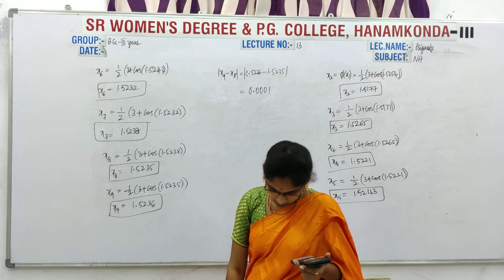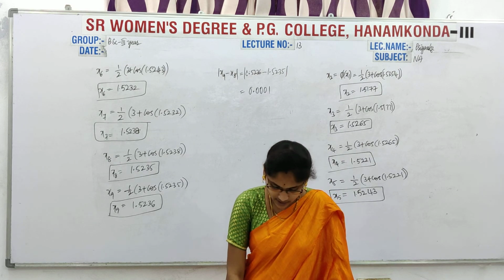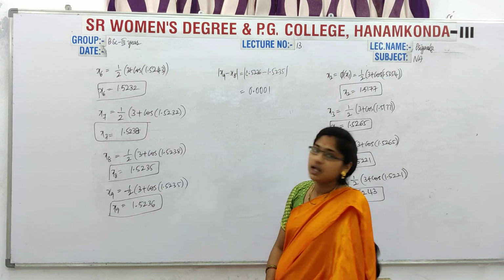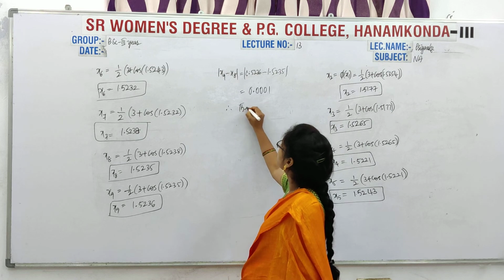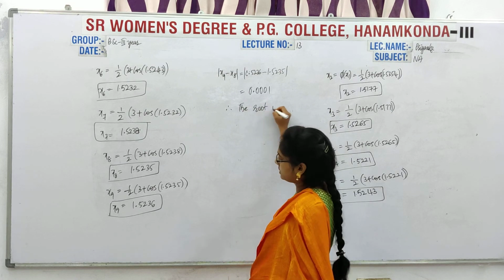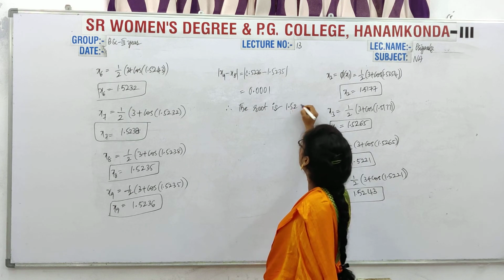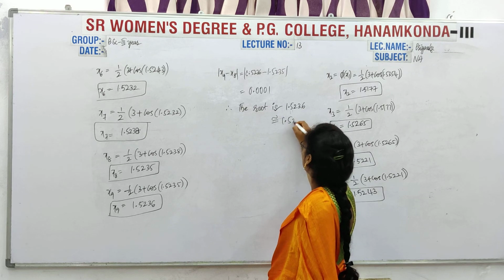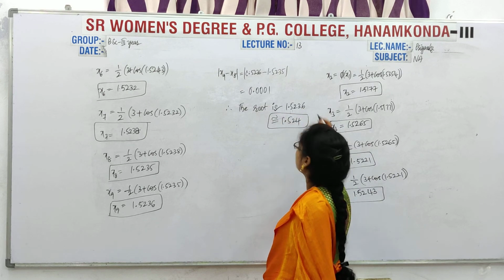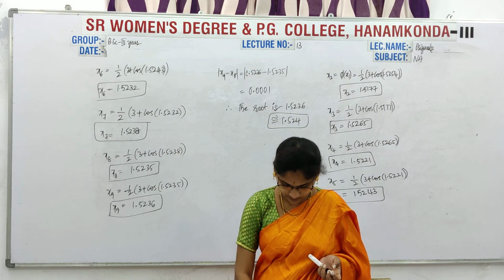Okay, so it is nothing but a very small value, right? So that's why here I am checking the required root. Therefore the root is 1.5236, which is approximately equal to 1.524. Okay, so therefore this is nothing but the required root.